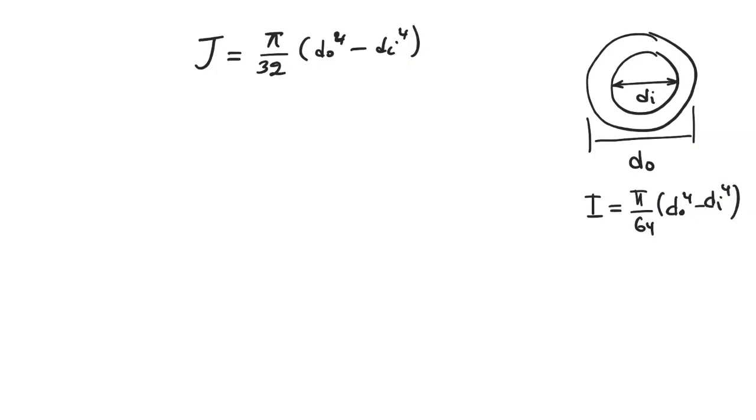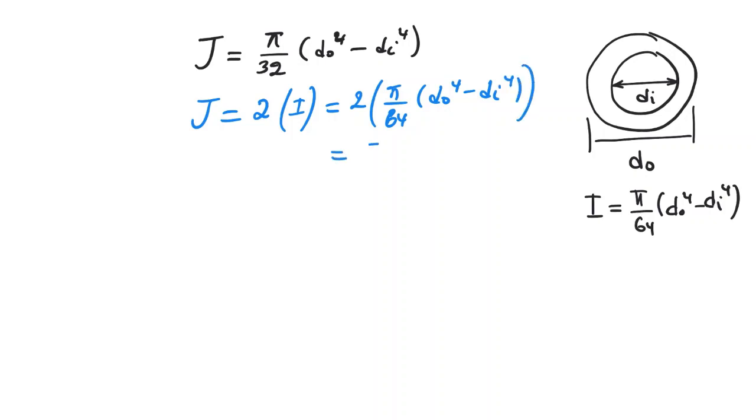So it is very clear that J is equal to 2I, which is 2 multiplied by pi over 64 multiplied by d0 to the power 4 minus di to the power 4, which is going to be the same as pi over 32 d0 to the power 4 minus di to the power 4, so it is equal to J. So indeed twice I is the same as J. So the question was, is this always true?